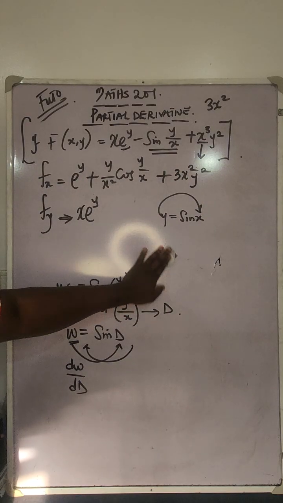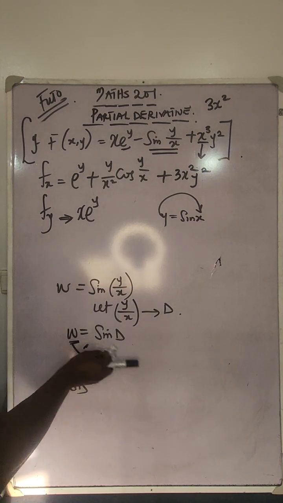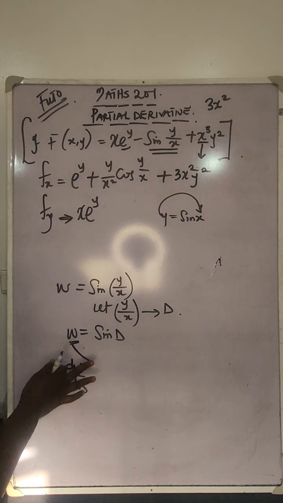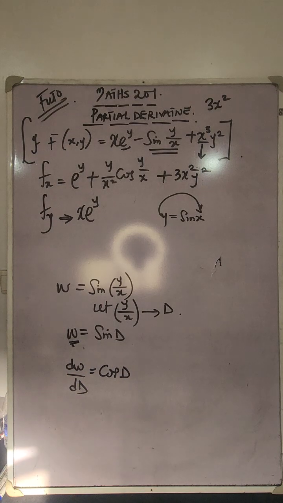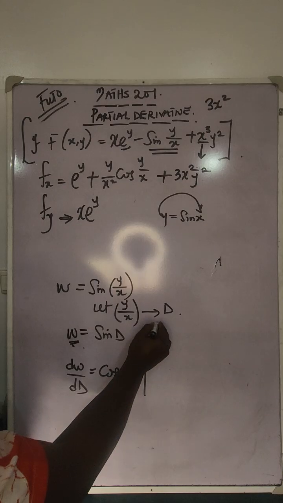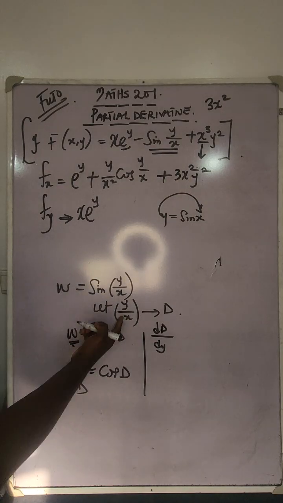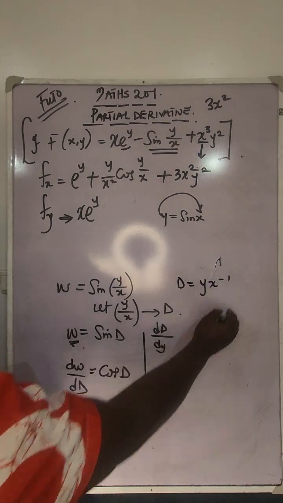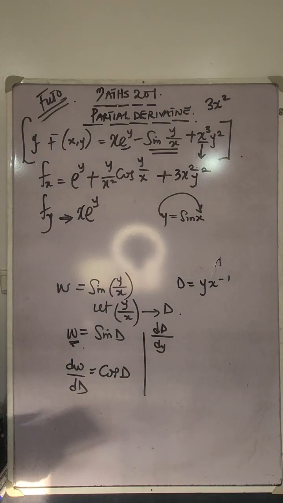All right, so let's translate that here quickly. We have w is equal to sine d, so we say the w, the d, and the w, the d is cos d. Now it is left for us to say the d, the y, because we are differentiating with respect to y, don't forget. Now remember that d is y x to the power of minus 1, because y over x is the same thing as y x to the power of minus 1.